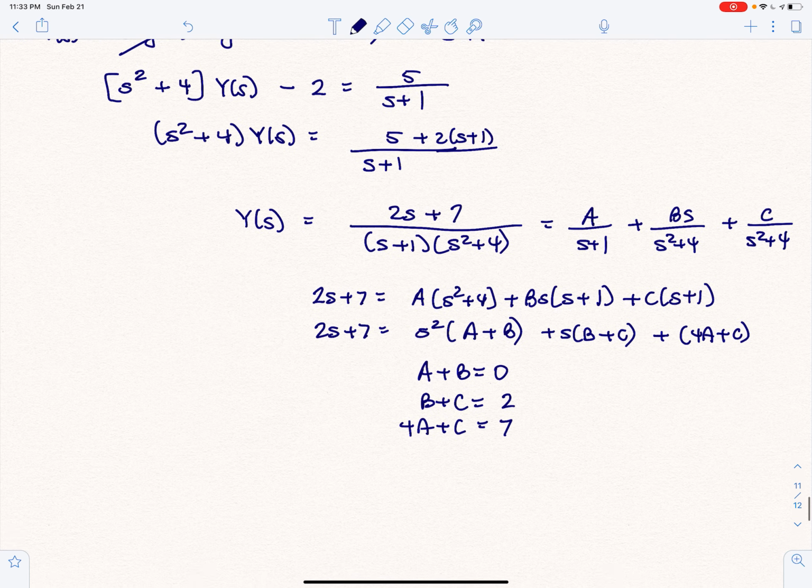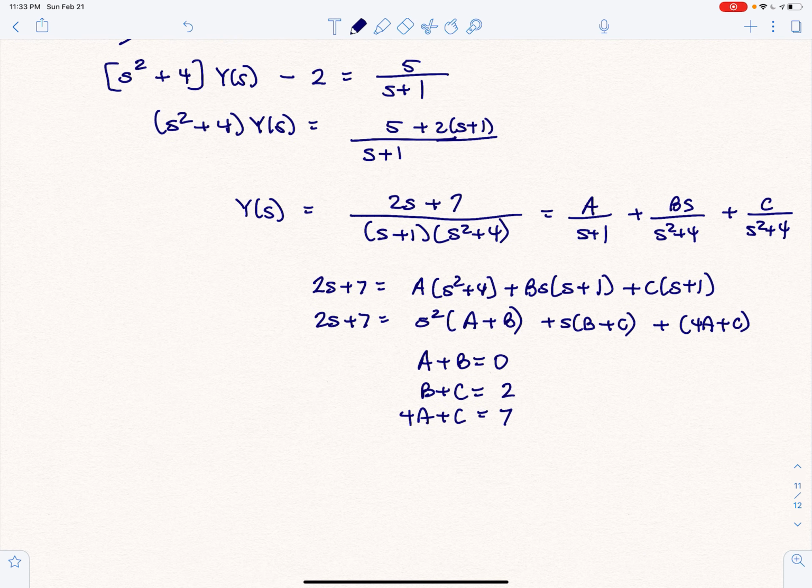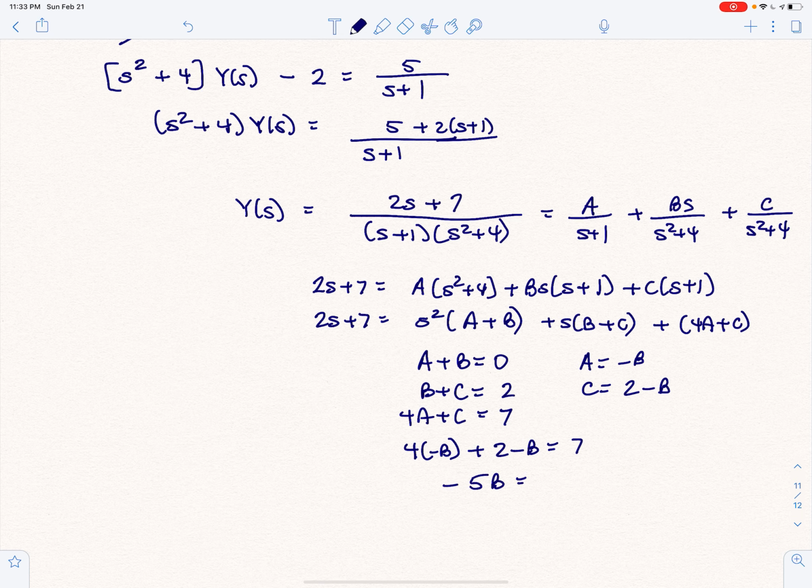So let's see how this shakes out. I'm going to write everything in terms of B. So A is equal to negative B, and C is equal to 2 minus B. So it means we have 4 times negative B plus 2 minus B equals 7. So that's negative 5B is equal to 5, which means B is equal to negative 1, which means A is equal to 1 and C is equal to 3.